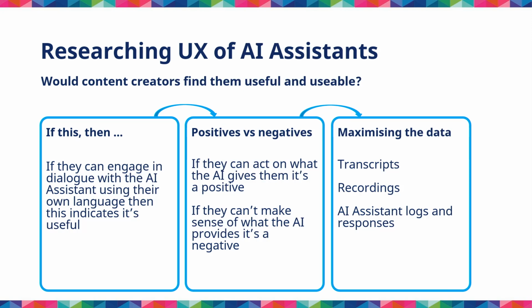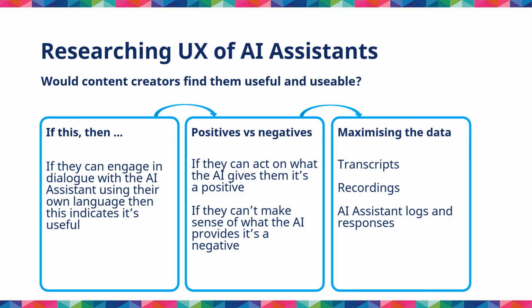And one of the things with AI assistance was, we maybe saw the demo in Barcelona, and we saw how that AI assistant could help somebody in the context, but I was really keen to test this with real people. Will content creators in this space find this annoying, or are they actually going to find it useful and usable?